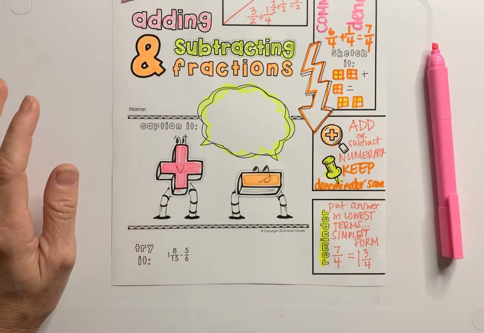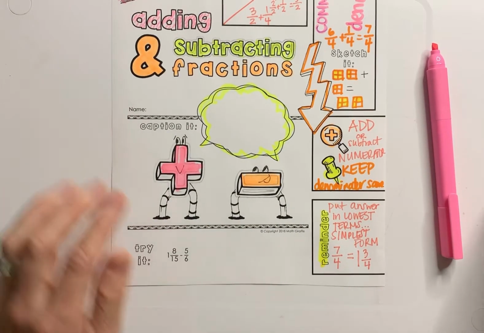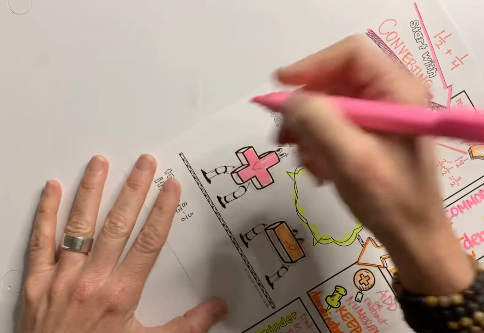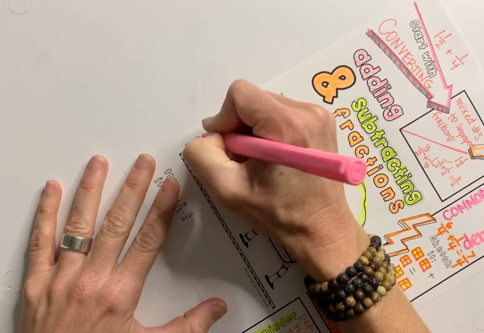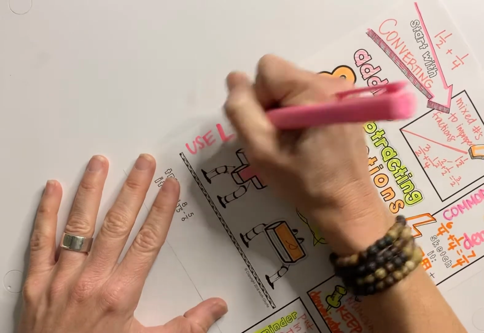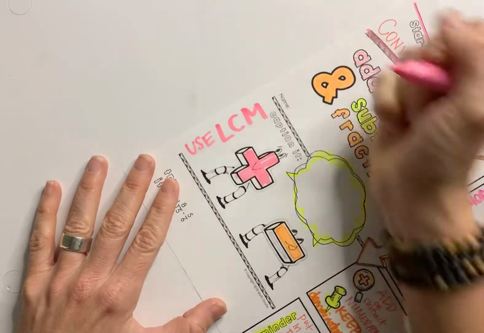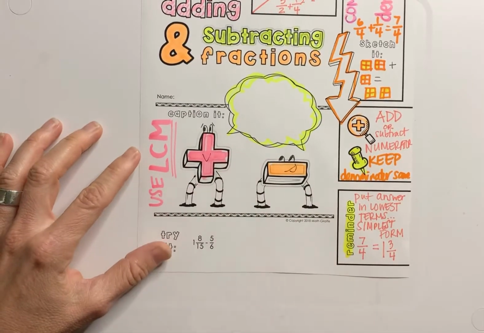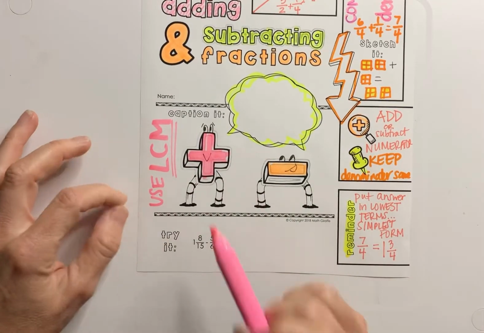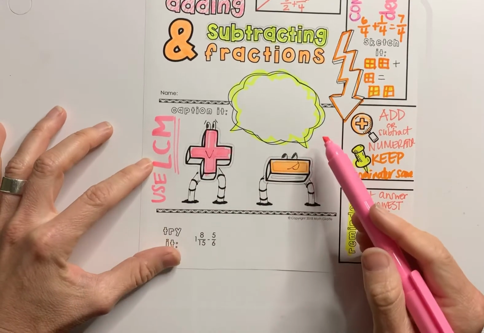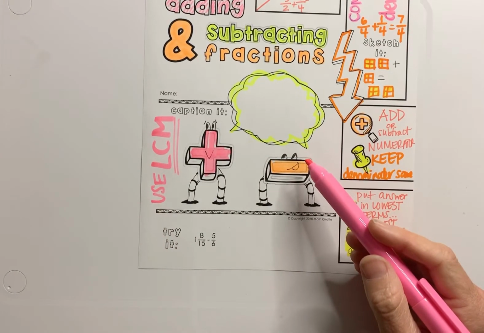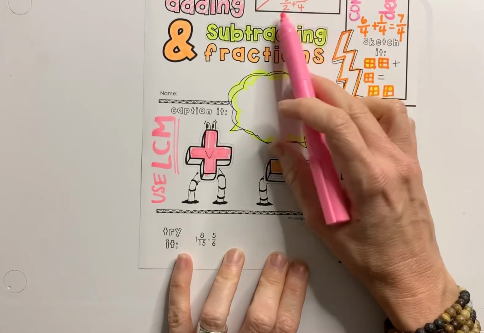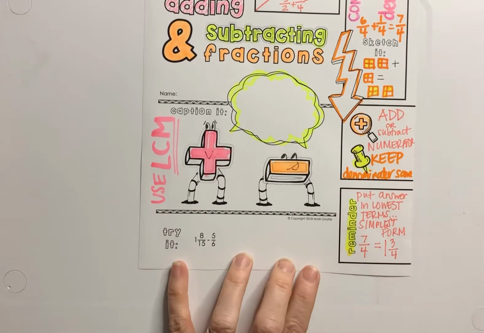This is a reminder for you that when you are finding a common denominator, the best thing to do is use the LCM. The LCM of those 2 numbers, the least common multiple, is going to be the denominator that you then don't have to simplify later. So if you find the least common multiple of your denominators, you're good to go.